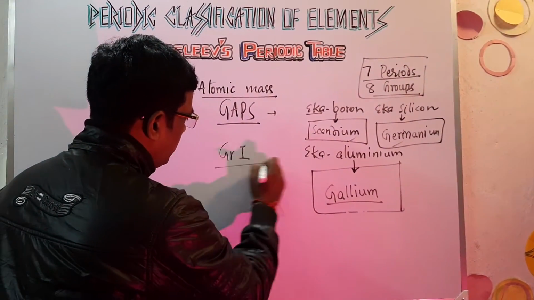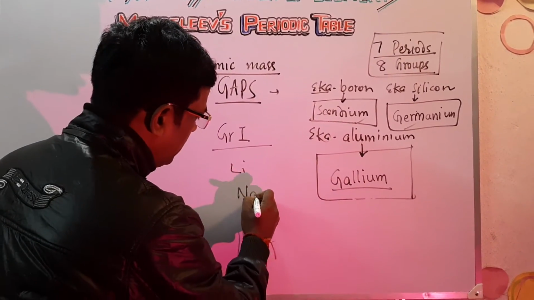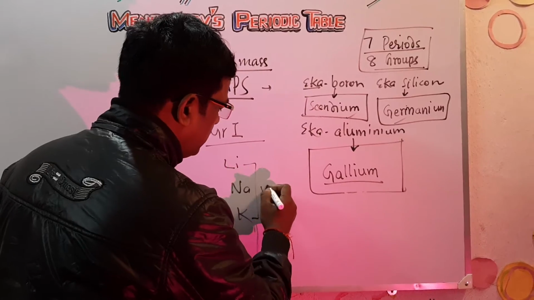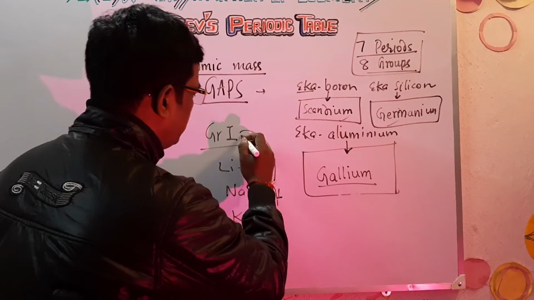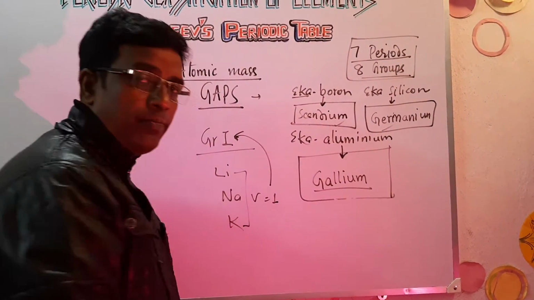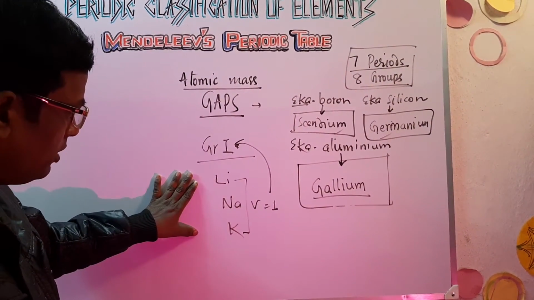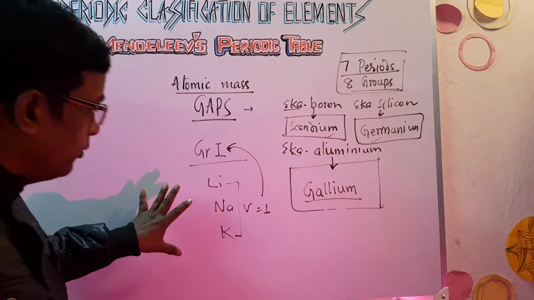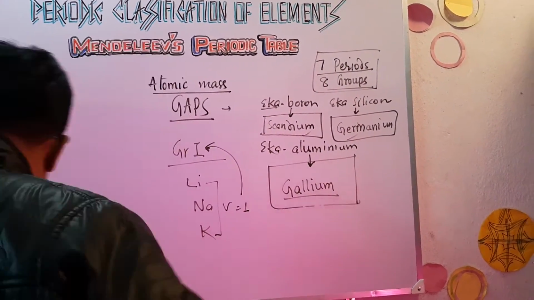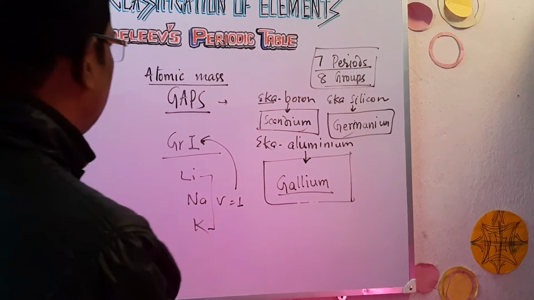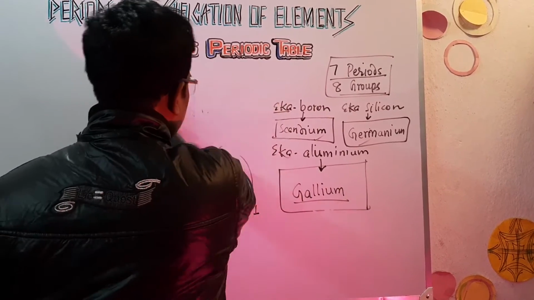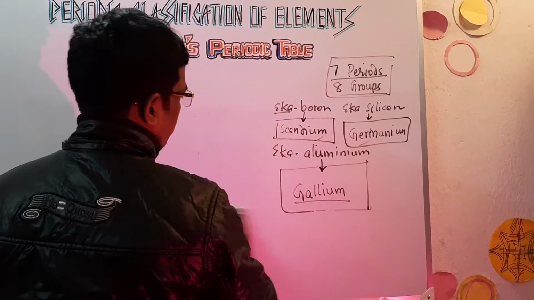In group 1, lithium, sodium and potassium along with others each have a valency of 1, which represents their group number, and he found that the elements in the same group were similar in chemical properties. But now we are reaching a critical moment where we'll be discussing the drawbacks of his table.